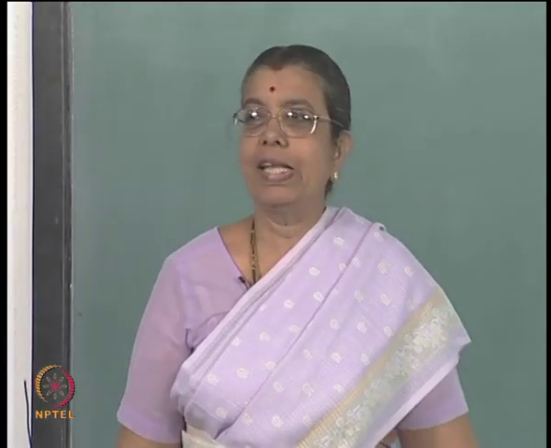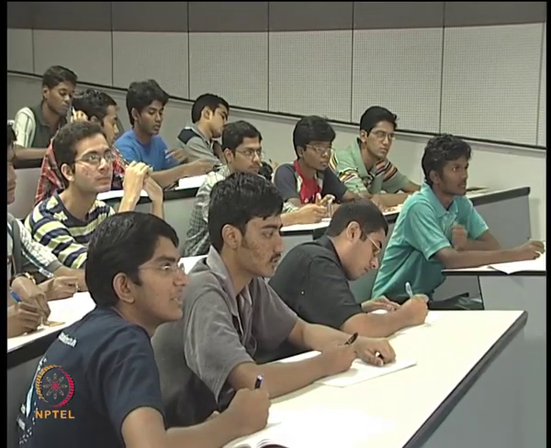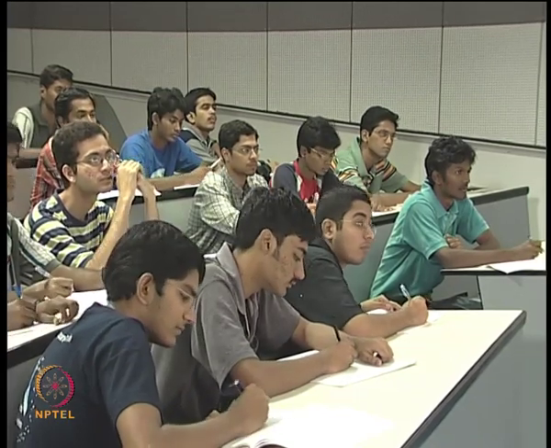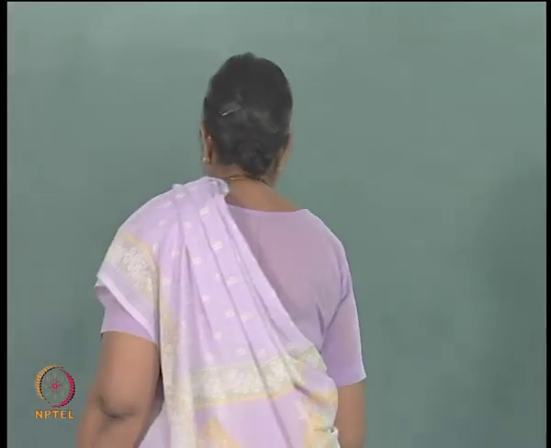First of all, let us recall what is an equivalence relation. The relation is defined over sigma star, the set of all strings over sigma here. When do you say that a relation is an equivalence relation? If it is reflexive, symmetric and transitive. So, if the three properties are satisfied, it is called an equivalence relation.